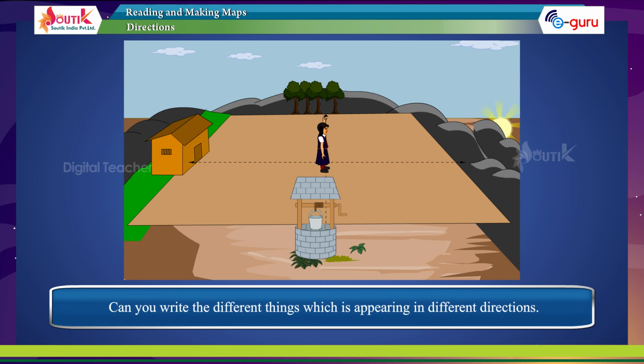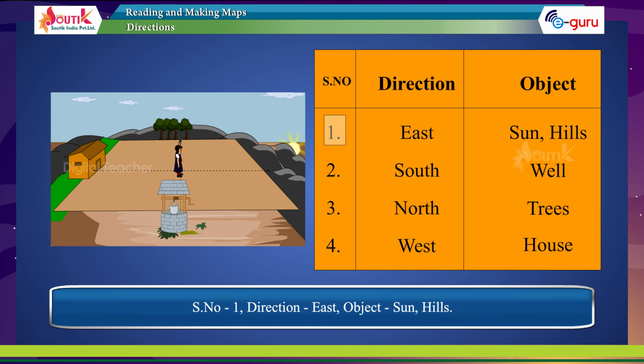Can you write the different things which are appearing in different directions? Serial number 1, direction east, object sun, hills.